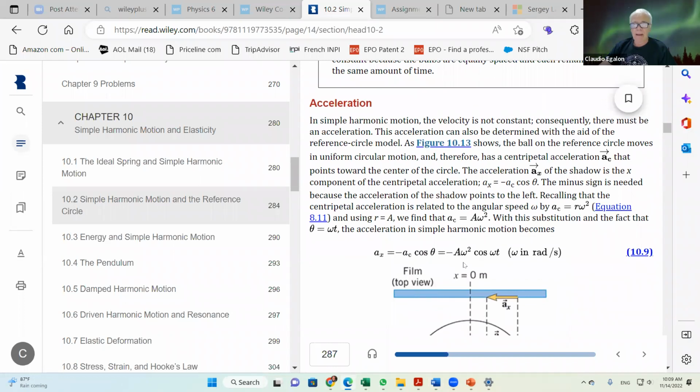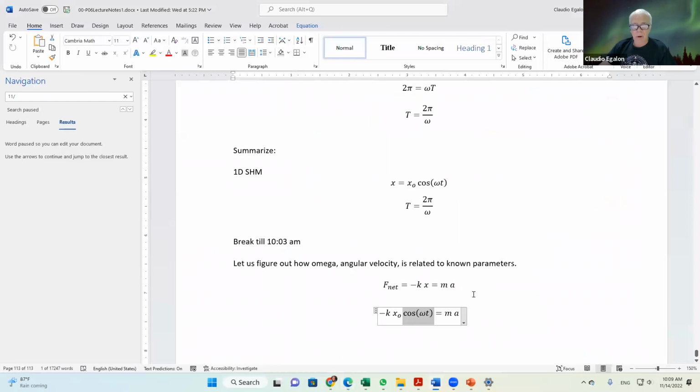We are going to have that the acceleration is going to be the amplitude of the motion times this omega square, just like we saw before. So here we're going to have x naught, which is the amplitude of motion, times omega square, and we still have a negative sign here.